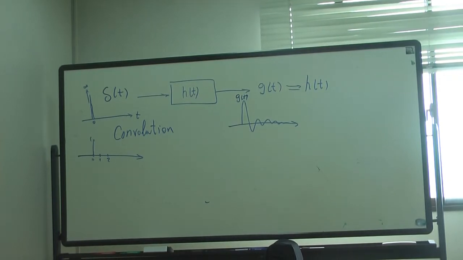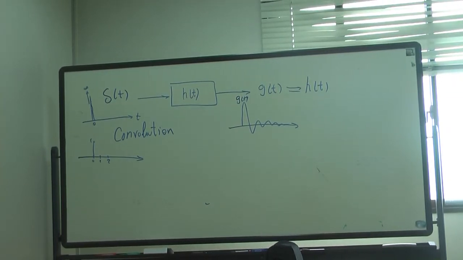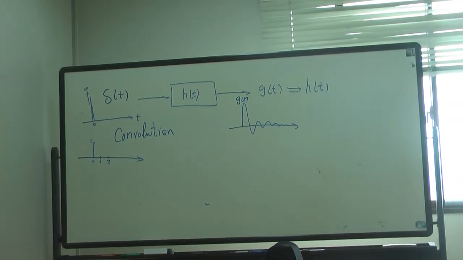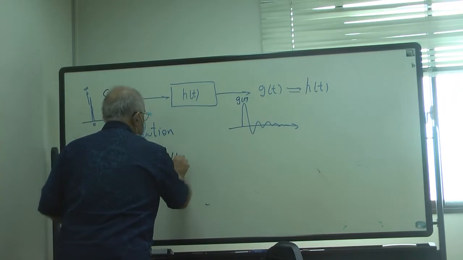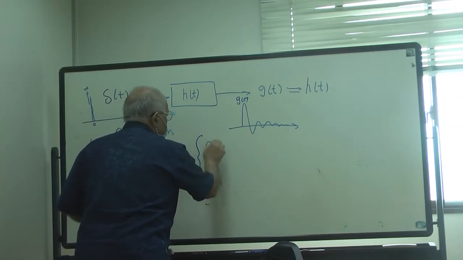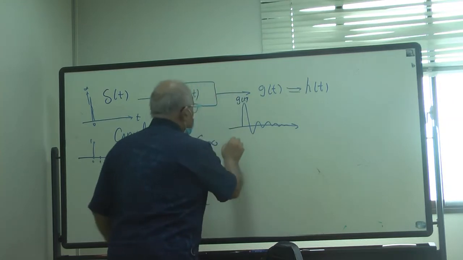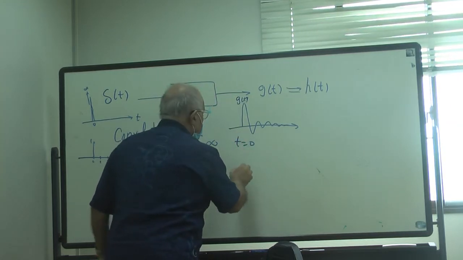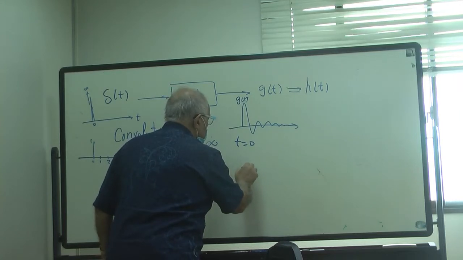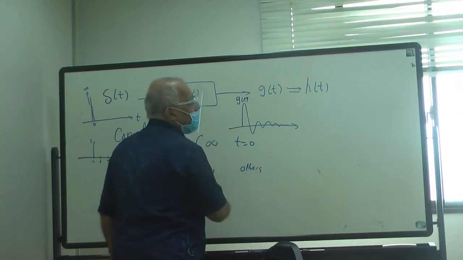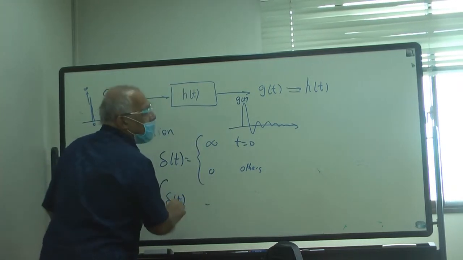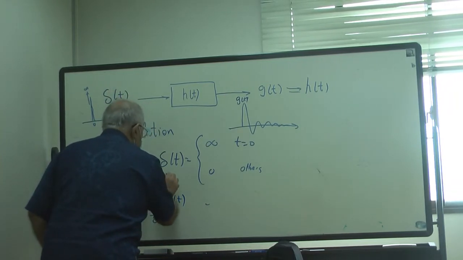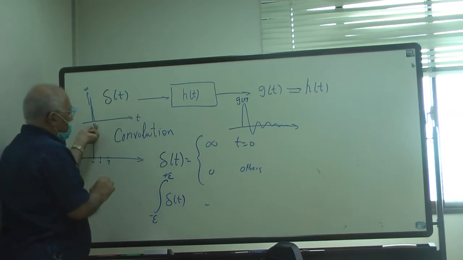For instance, this is the definition of the delta. At 0, here is a little bit incorrect. Delta(t) is infinite at time 0, then otherwise others is 0. But the integral, the energy of this from minus epsilon, a very small portion, to plus a very small portion.